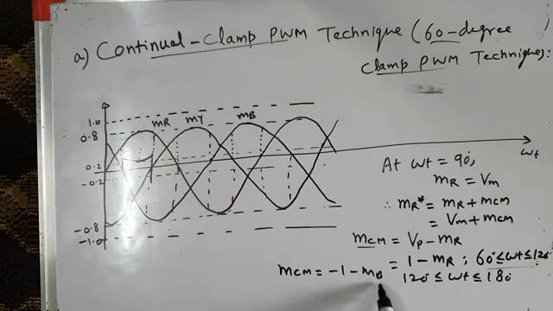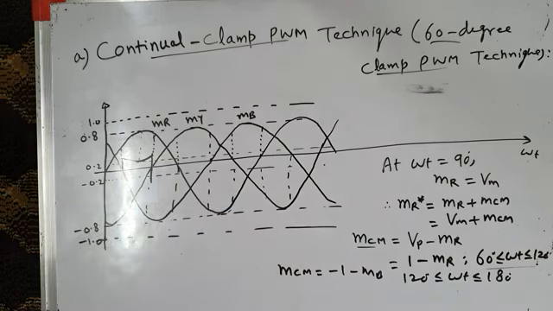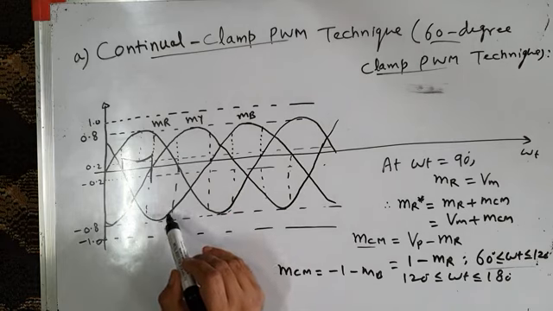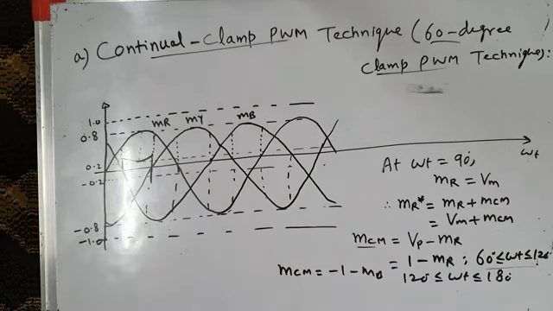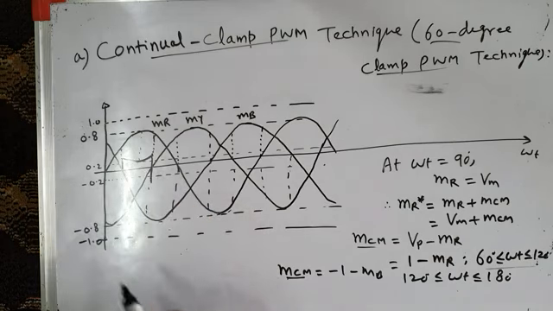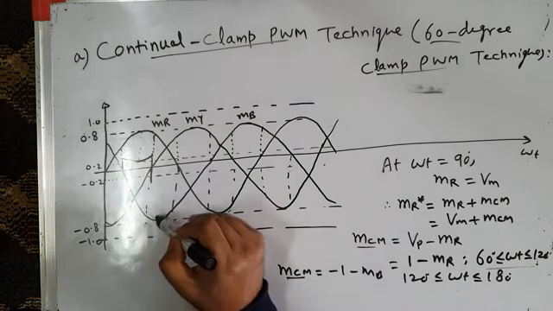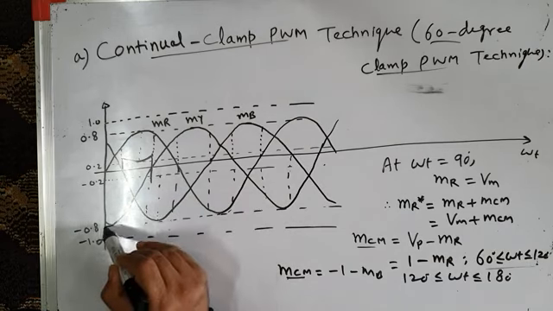Why is it minus 1 minus MB? Because during this 60-degree interval, MB has its maximum negative value, and we want to clamp phase leg B to the negative DC bus during this interval of time. Therefore, the common mode signal is calculated by this formula: minus 1 minus MB. So it will start from here. And if you see the peak of this MB, it is minus 0.8.